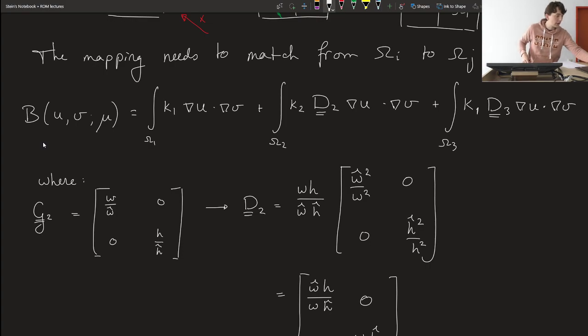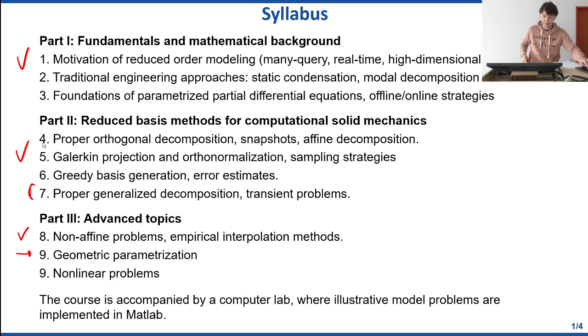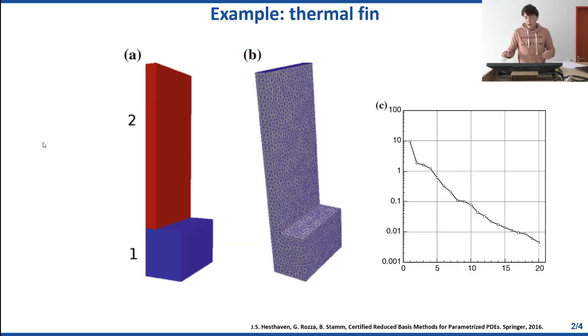So how well does this work? I have some examples here. This is an example from one of the books that we've been referencing in the introduction as our reference literature. This is precisely the example that I've also been working with in the theory. We have a thermal fin, is what they're calling it. We have two materials, so we have a kappa 1 and a kappa 2.